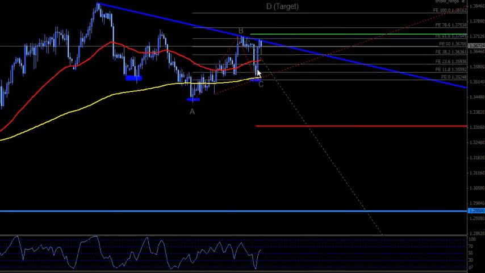Now this is a 4-hour chart, so there'll be a lot of ups and downs within this area, which is where I will drop to the smaller time frames and look for those same setups for entries on the smaller time frames. Now each of these FE levels are potential target areas because the actual final D target is not always met.